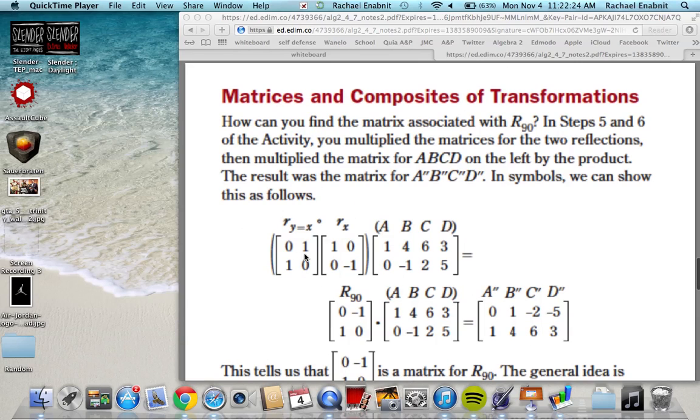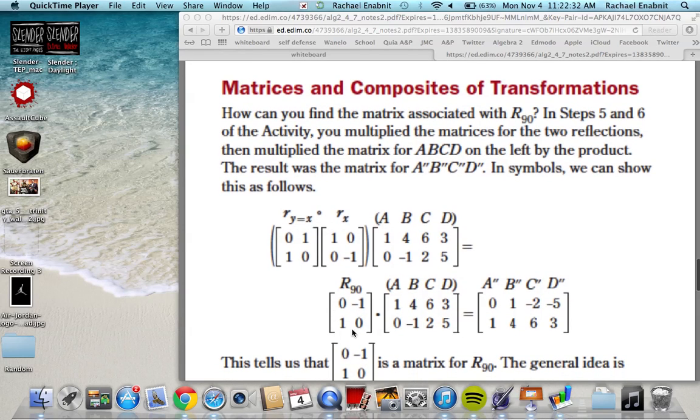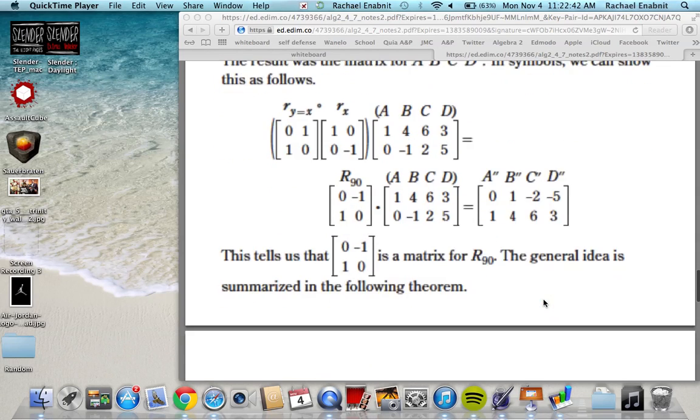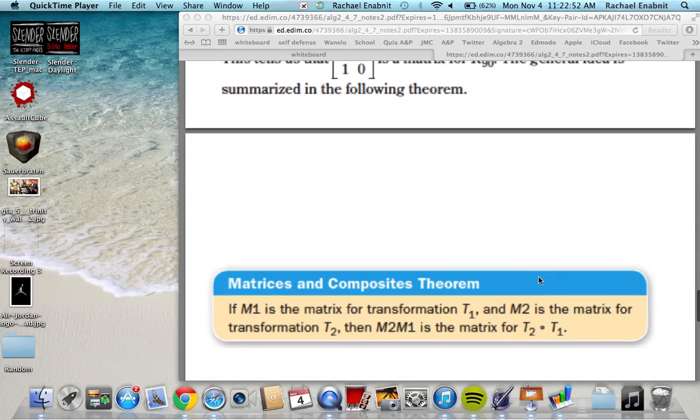You multiply these two by this to get your answer, which is R90 times the points of the original image, giving you the matrix for the final copy. And this tells us that [0, -1; 1, 0] is the matrix for R90.